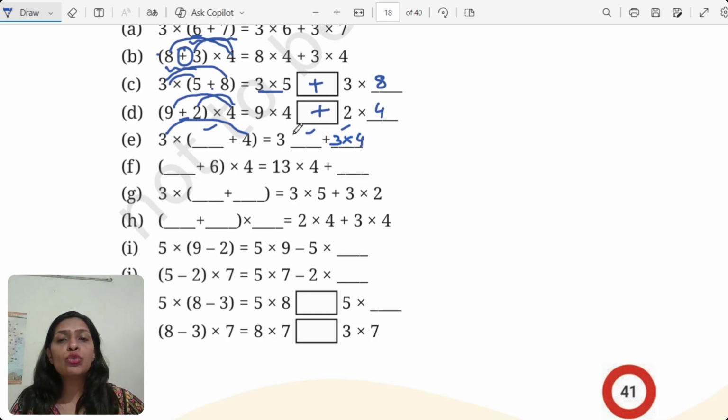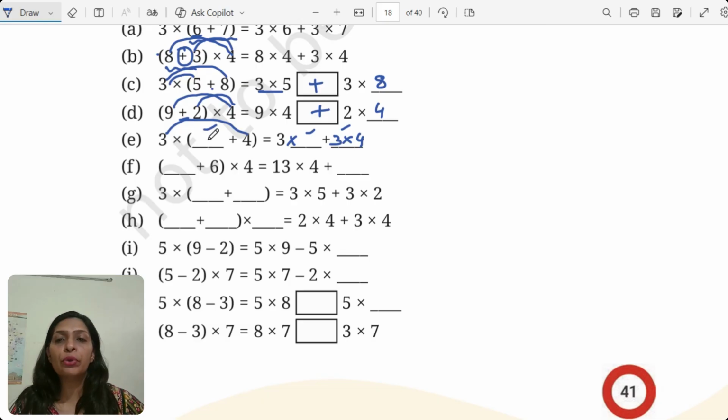But what needs to come here? It's a multiply sign, so I will put a multiply sign here. But what should I put here? Do we have any number here? The answer is no, we do not have. So in this case, we can have our own choice. You can put any number, irrespective of bigger or smaller, and the same answer will come in the next blank also.